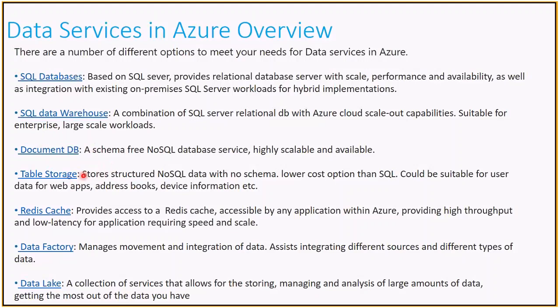And you have something called table storage, which we covered in the storage sections, and you have Redis cache. It's a cache server which would be used by a lot of applications hosted on Azure. Redis cache works inside Azure itself.